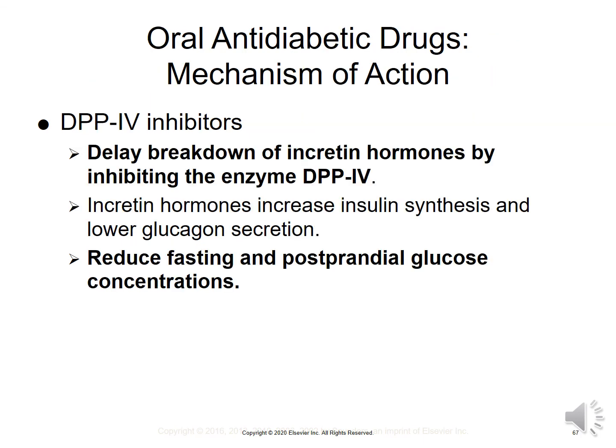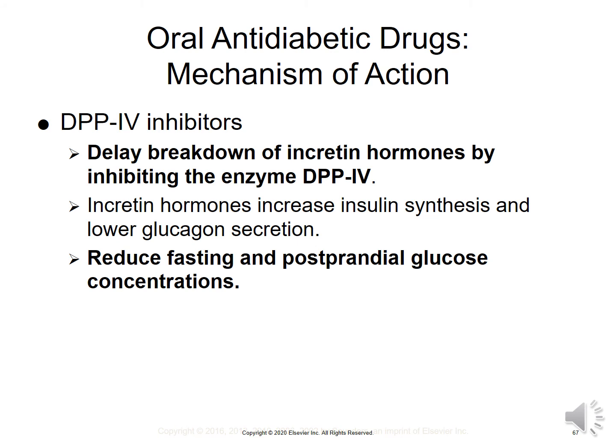So what they do is they delay breakdown of the incretin hormone by inhibiting the enzyme DPP-IV, okay? So incretin is a gut hormone that is released minutes after eating, and it's one of the many physiological roles that regulates the amount of insulin that's secreted after eating.